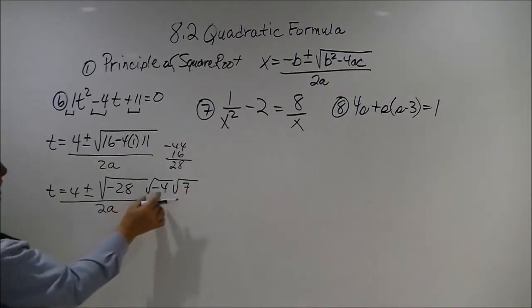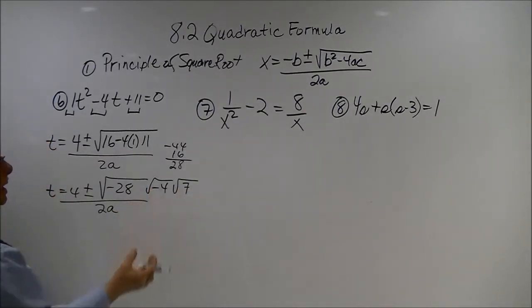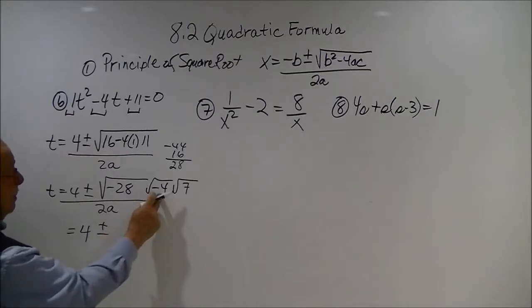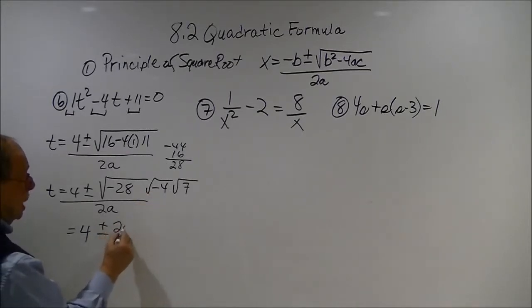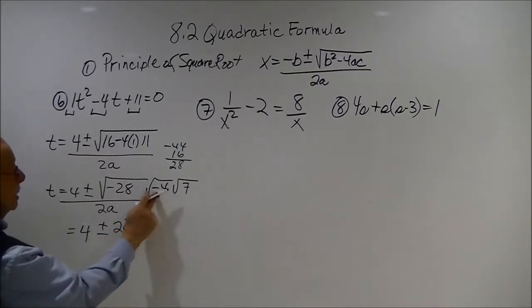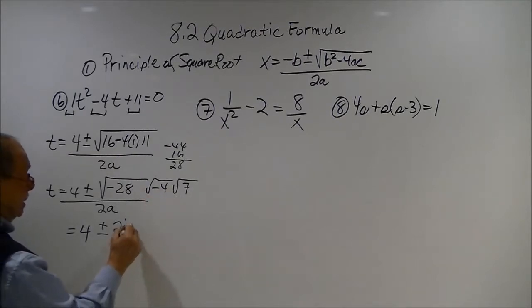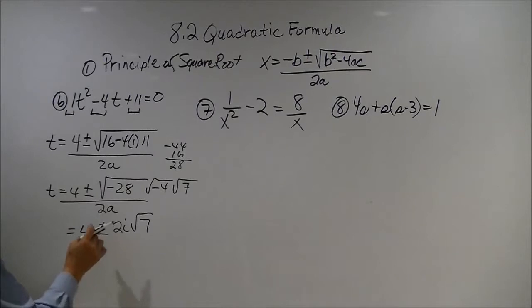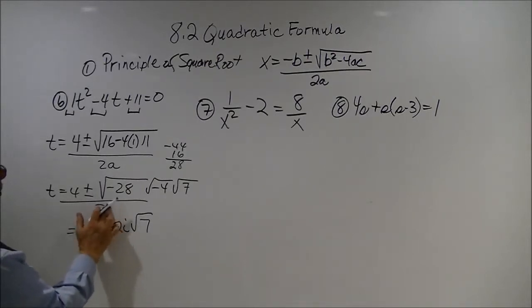Now what did we say negative 4 under the radical sign was? Well, that was going to be 2i, that's what negative 4 is, the square root of 7, and this is going to be over 2, as we said.